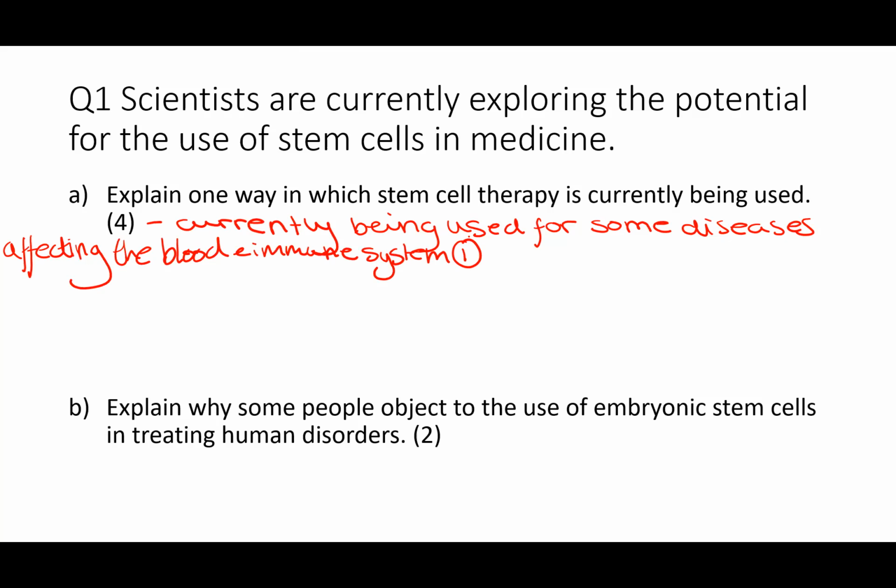Now I'm going to say what we're going to use. What is this source of stem cells? So bone marrow contains stem cells that can differentiate into any type of blood cell.